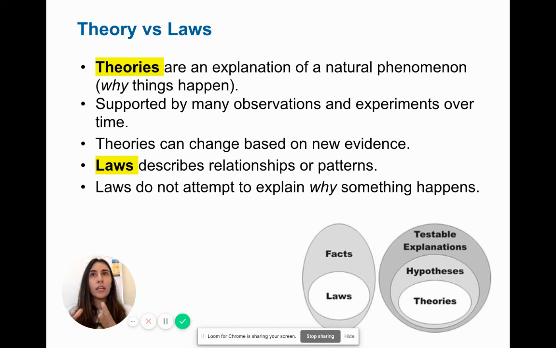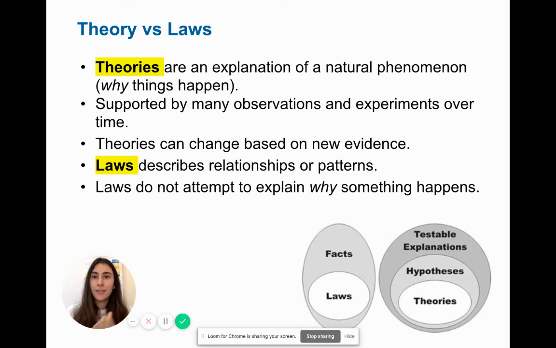So usually, when you have a scientific question, you form a hypothesis to test it out. Now, if a large number of scientists, let's say 100 or 200 or 300, whatever, and a large number of scientific studies have been conducted, and all of them are supporting one hypothesis, that hypothesis becomes a theory.